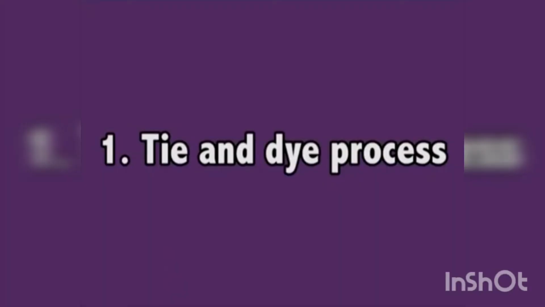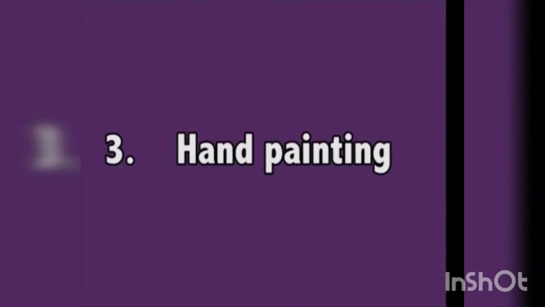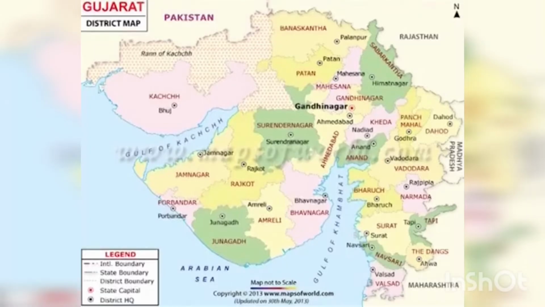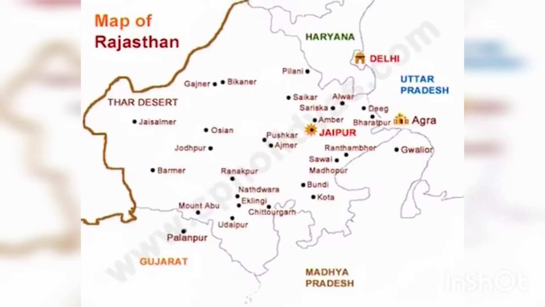Among silk textiles, there are three main traditional color works seen in India. Number 1, the tie and dye process. Number 2, the block printing, and 3, hand painting. The ancient tie and dye process practiced in Gujarat and Rajasthan states is still very popular.